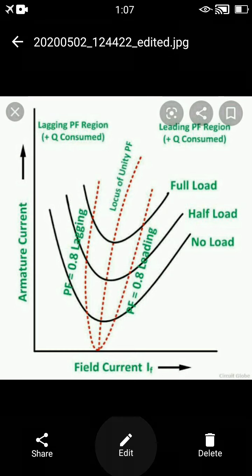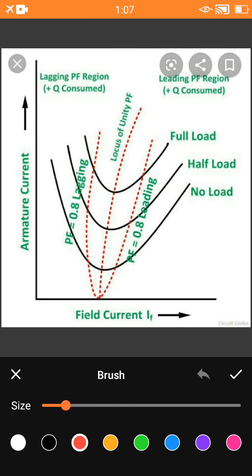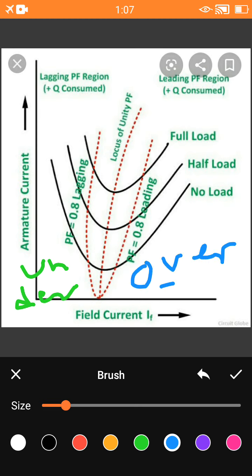When the power factor is lagging, this case is called under excitation, and after the unity power factor, it is called the over excitation state. So this gives you the V curve of a synchronous motor.